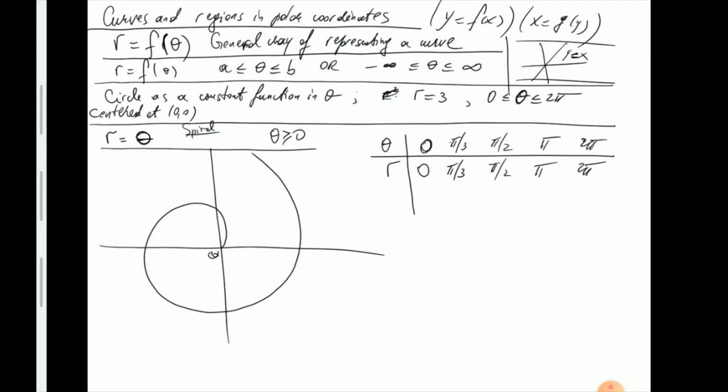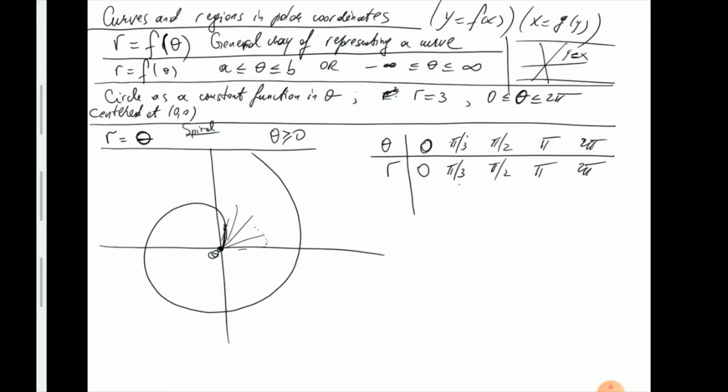When the angle is 0, the distance is 0. So you start from the origin, that's part of the curve. And as you rotate this axis, the value of r keeps on increasing, because as theta increases, r increases.